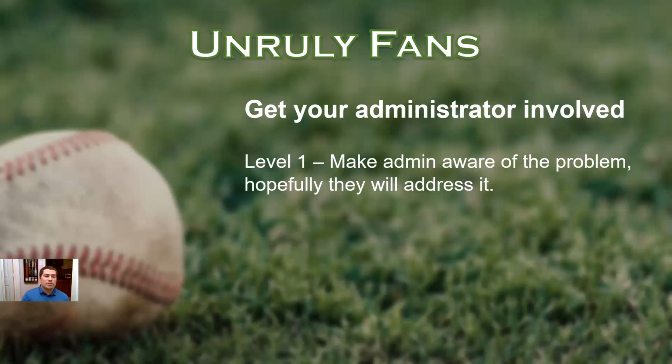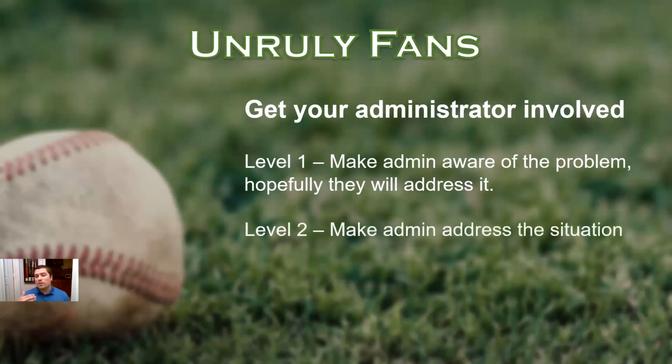The second level, for things that are a bit more serious, is to make admin address the situation. In this scenario, you're going to stop the game immediately. There's a play at the plate and a fan makes a personal derogatory comment about you, a personal attack. I'm going to stop the game immediately, find my administrator, and make him address the situation.